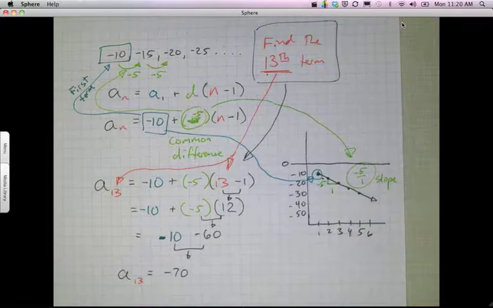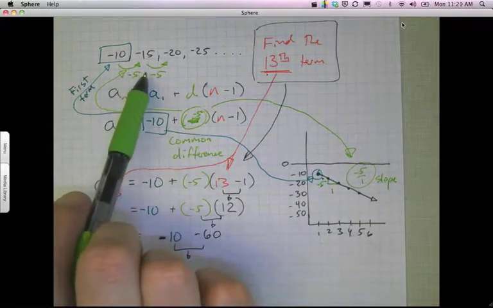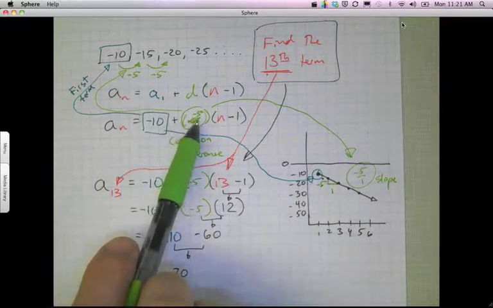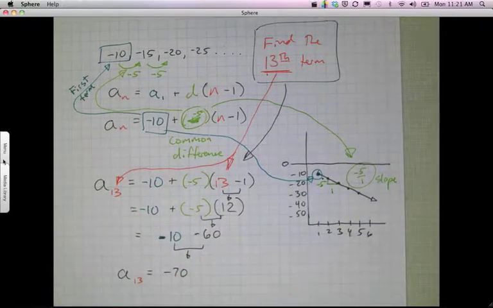So all of those arrows and the connections, how it starts off as a difference here of negative 5, and here it's the variable d in my equation, which is multiplied times a parentheses, and over here in my graph it's the slope. That is what A1.3.B is. That's the guts of it.